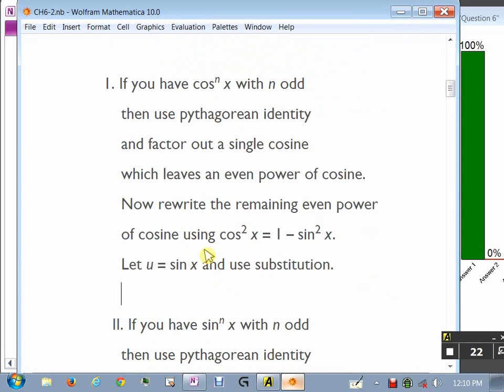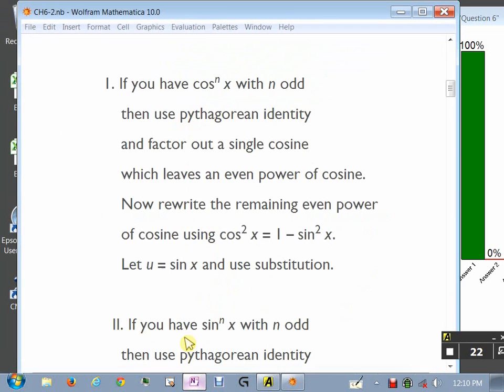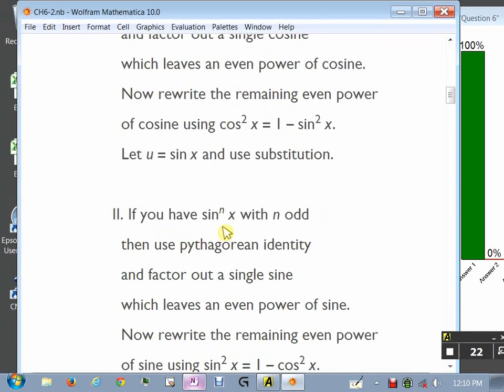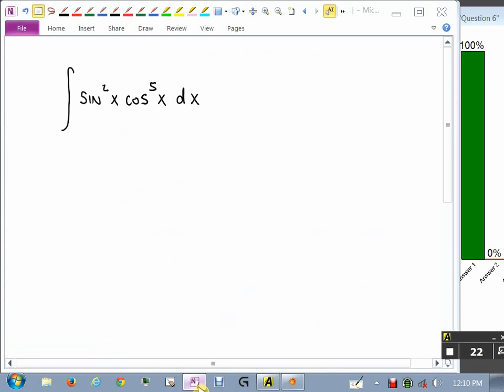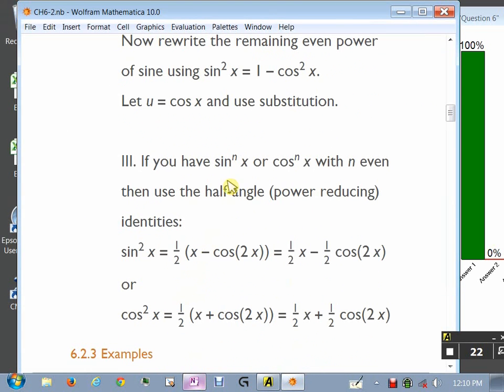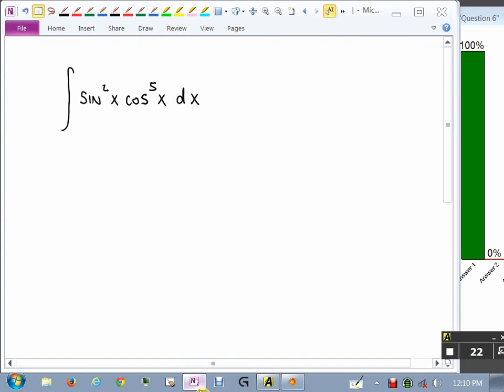So let's read through this. The first case is when we had cosine odd. Do we have cosine odd here? Yeah, we do. What was the next one? Sine is odd. Is sine odd here? No, so it's not that one. How about this one? Sine or cosine are even. Right? Yes.